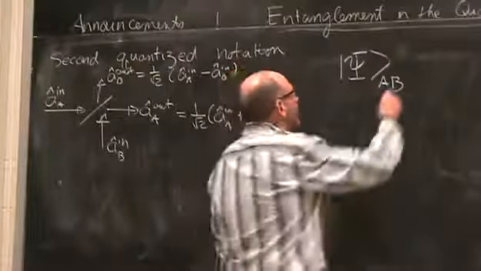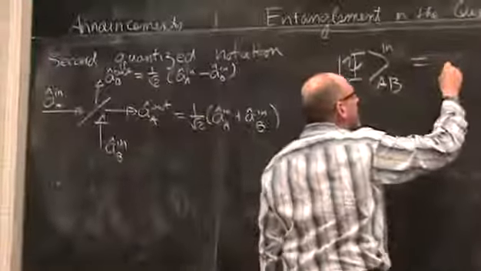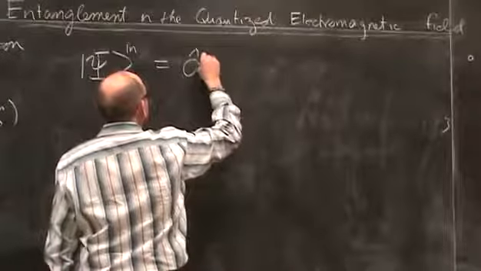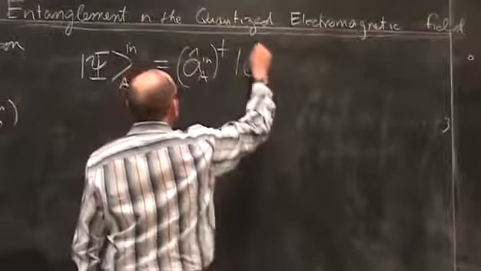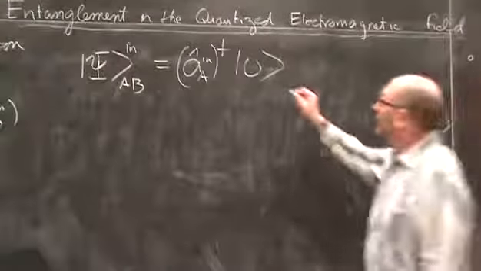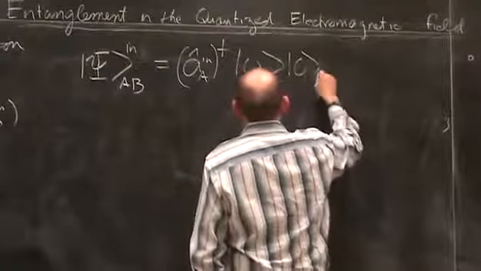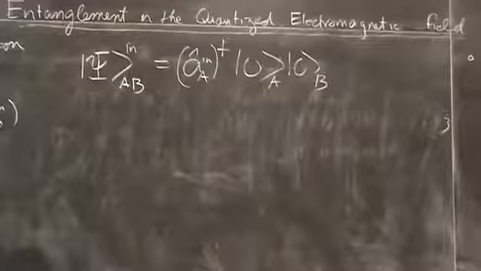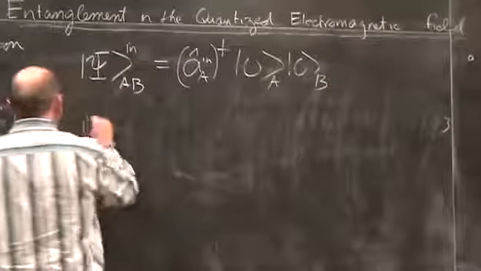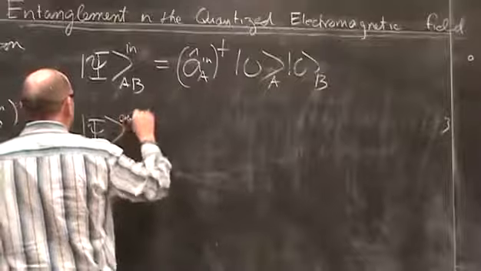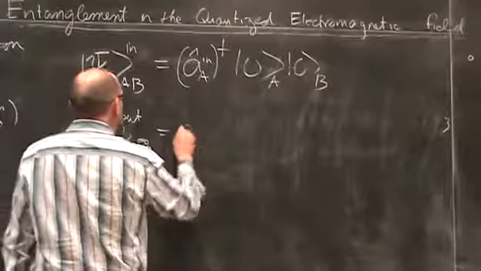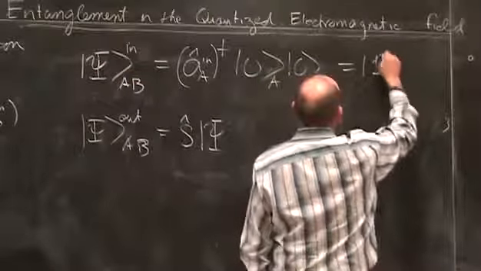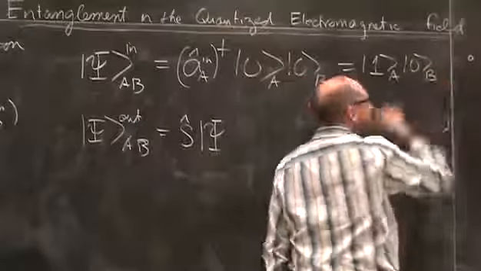My in state is one photon in the mode A, created from the vacuum in A and the vacuum in B. That's the shorthand when we write 0. I'll call this 1A, 0B.